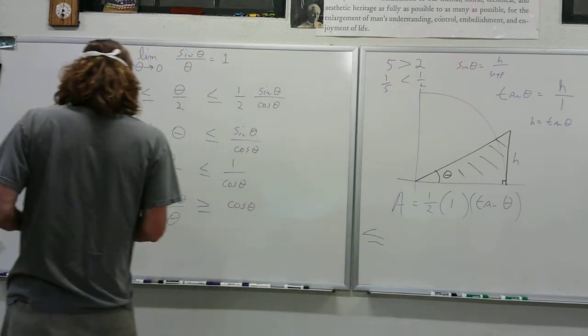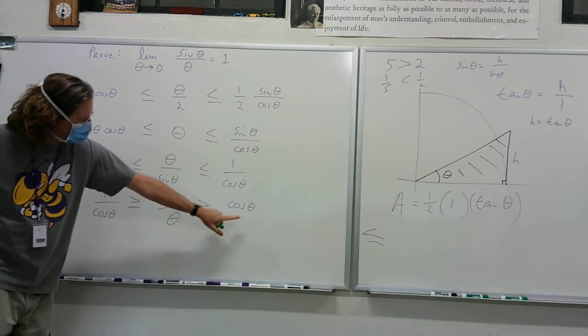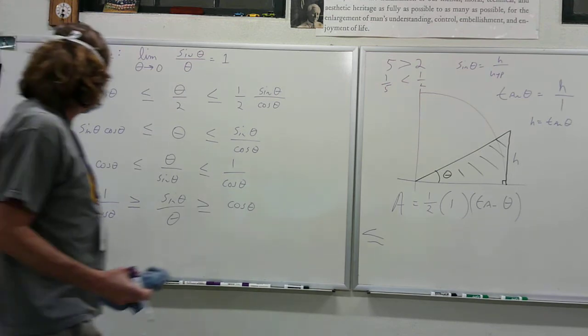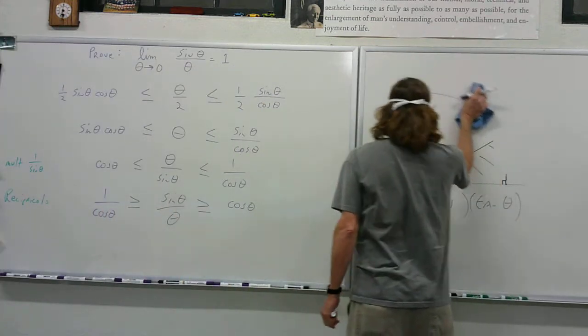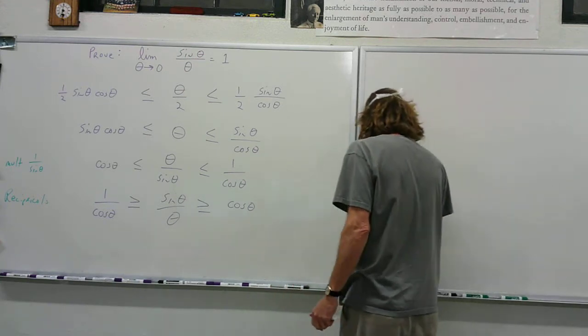Now, we are now going to take the limit of each one of those because we know that this should always be greater than that, which should always be greater than that, unless the theta becomes what? 0. So, we're going to put a limit in front of all of them. We're going to write out step by step. We're not going to cheat and do it all at one time.